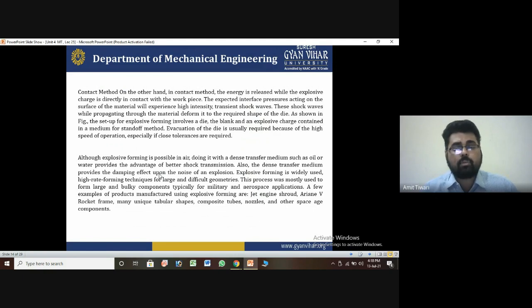Also, the dense transfer medium provides a damping effect upon the noise of the explosion. The explosive forming term is widely used for the high-rate forming technique of larger and difficult geometry.